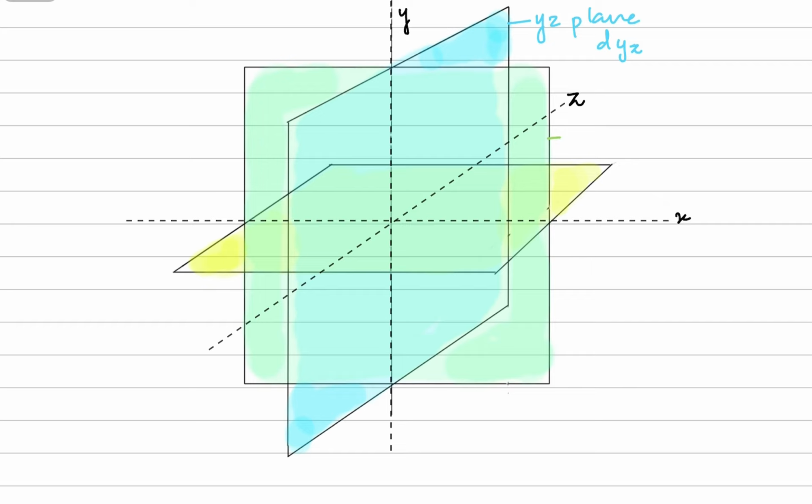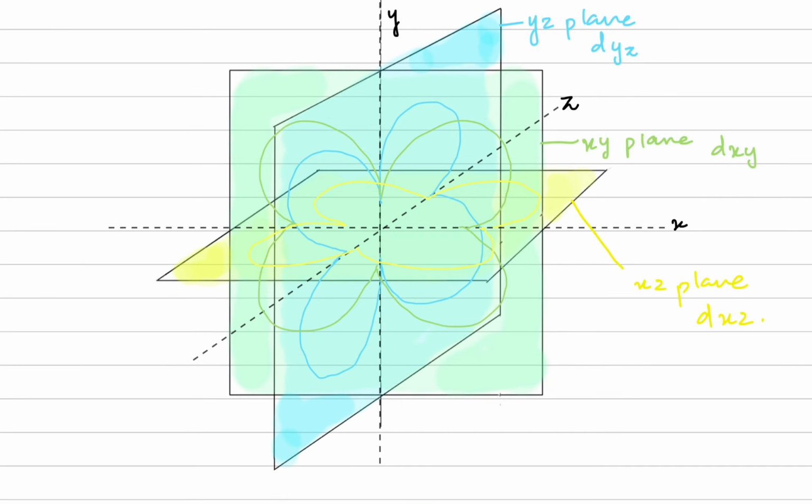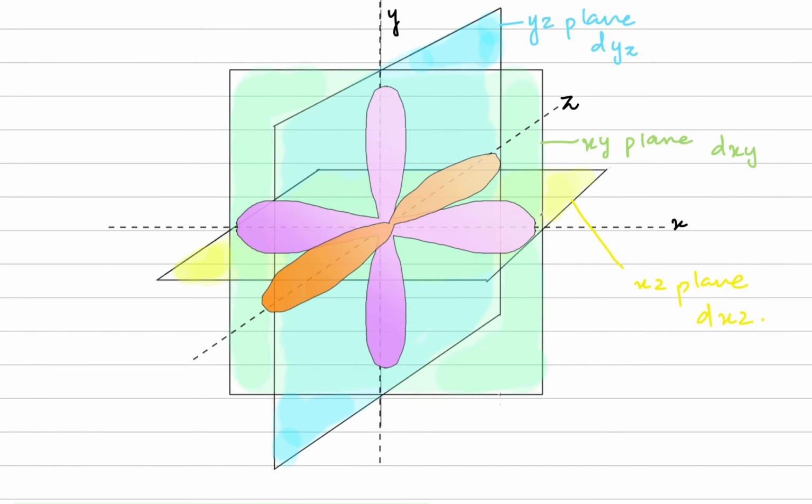Then we have the green one, which is the XY plane, where the four lobes of the dxy orbital are present. Then we have the yellow one, which is the xz plane, between the x and z axes, where the orbitals of dxz are present. These are the four lobes of dyz, dxz, and dxy.